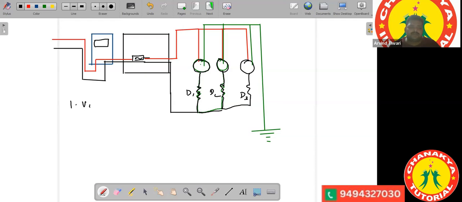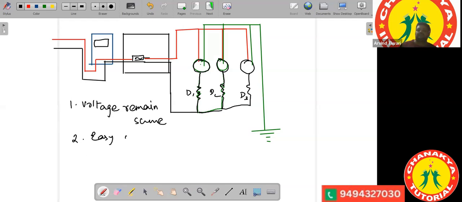Voltage remains the same, current is distributed, and it is easy to operate. These are the things that we obtain in the parallel combination.